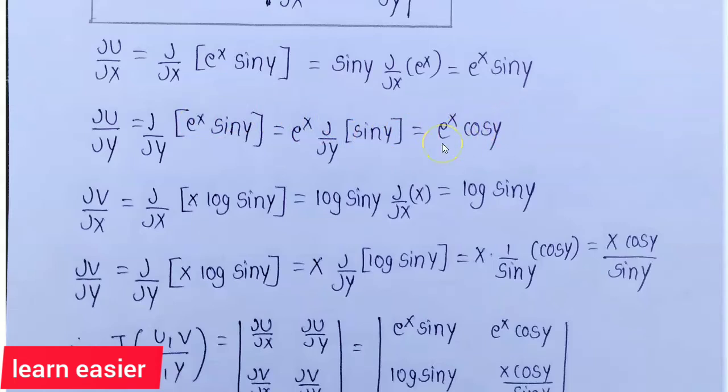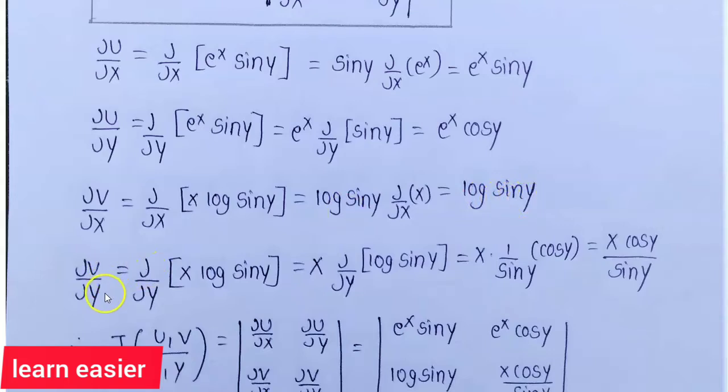So we have dou u by dou y as e power x into cos y. Now dou v by dou x, so we differentiate v with respect to x by taking y as constant. Here we have x log sin y, so log sin y is treated as constant and derivative of x is 1. So 1 into log sin y is log sin y only.